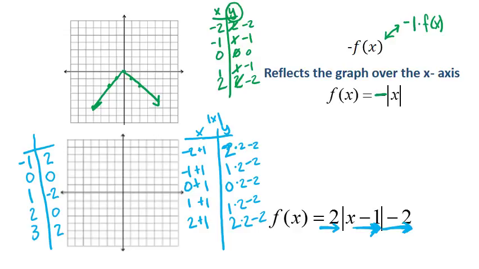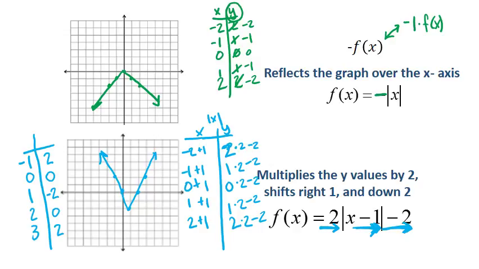Let's see how this graph looks. -1, 2, 0, 0, 1, -2, 2, 0, and 3, 2. We can see our V, it's perfectly symmetrical, which is what we needed.